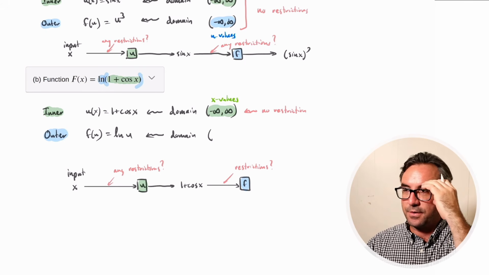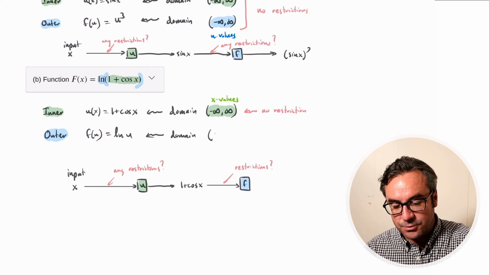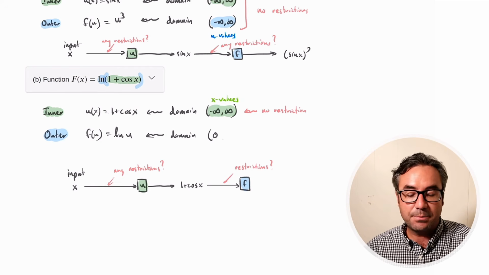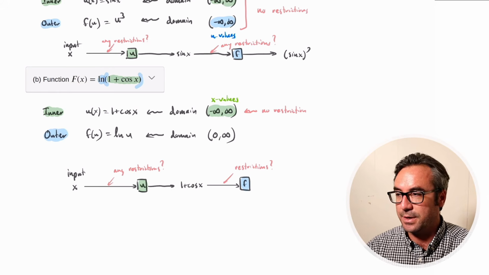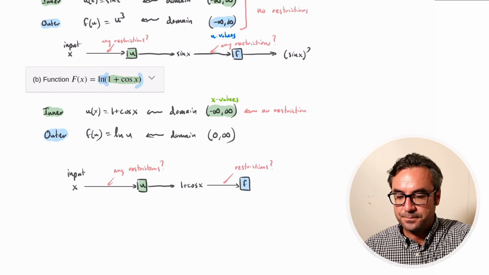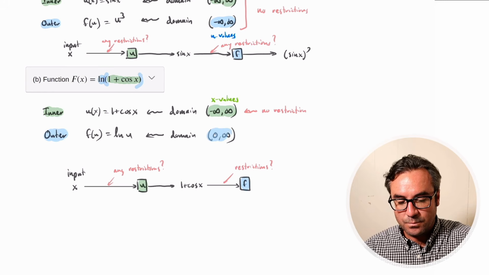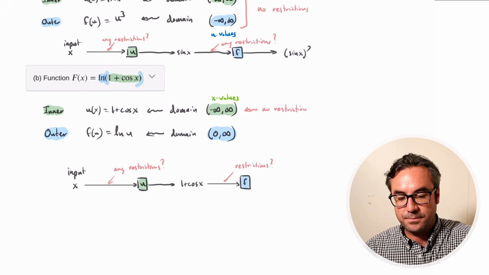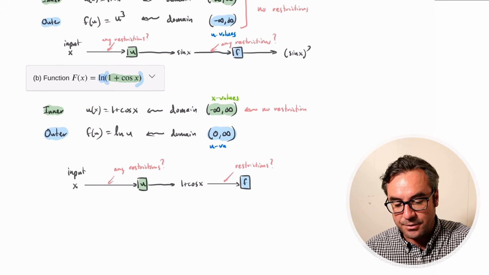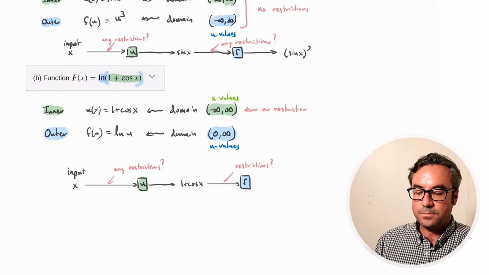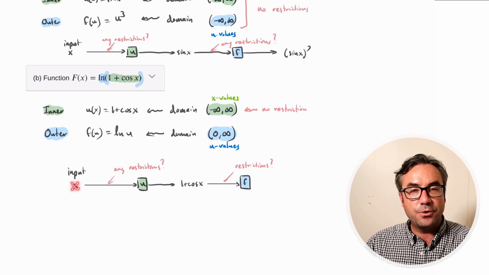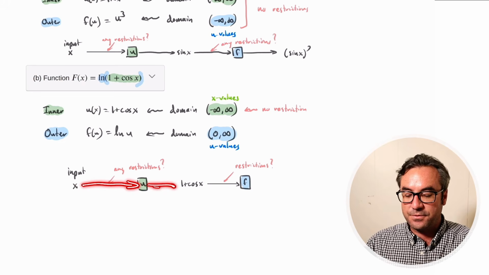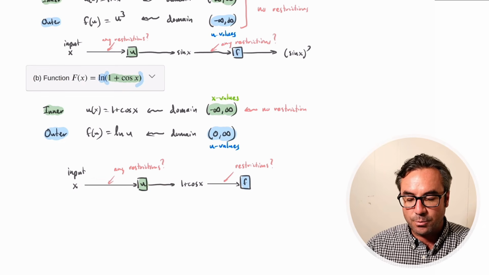If we go back up to our list, we can't plug negative numbers in, and we can't plug 0 in. So the domain is 0 to infinity, open interval. And when we talk about this interval, these are all u values. So what is the restriction? There's no restriction on the x value here, so any x value we plug in is going to make it through this part of the assembly line, no problem.